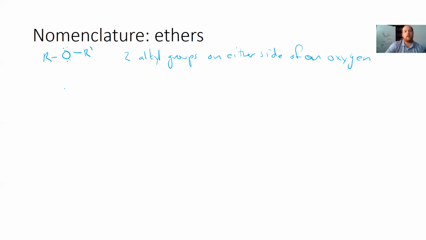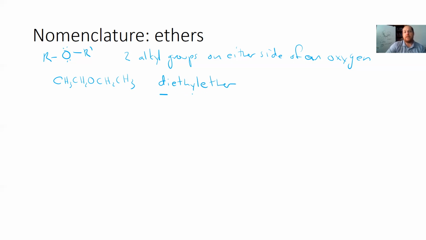So the most common of these is, and I'm going to start out, I'll draw out the condensed structural formula. So CH3, CH2O, CH2, CH3. And so this one is diethyl ether. Okay, and that's how you're going to call it.